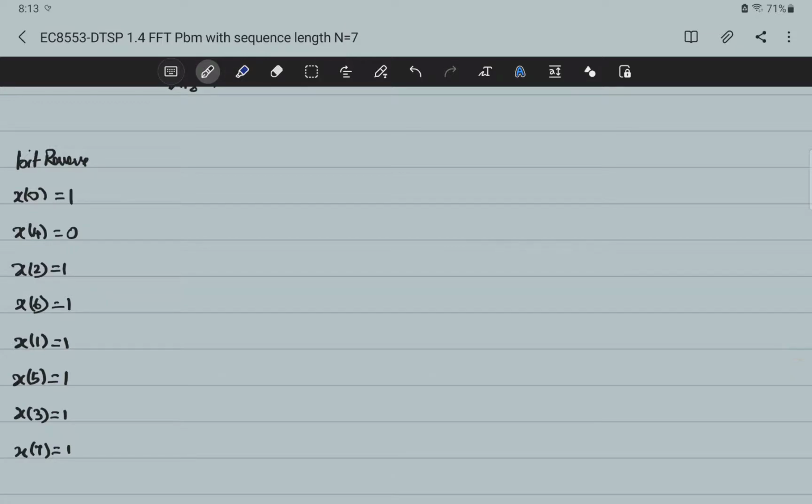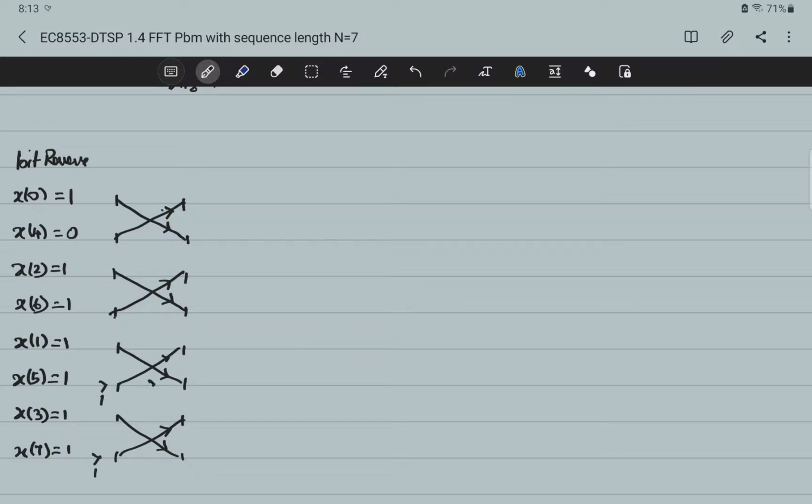Now I am going to directly use these lines for solving the problem. So first we are going to take the 2-point, so solve the 2-point butterfly diagram. In the first stage, the twiddle factor here is 1, here also 1, this one is minus 1, this one is minus 1, and twiddle factor 1.